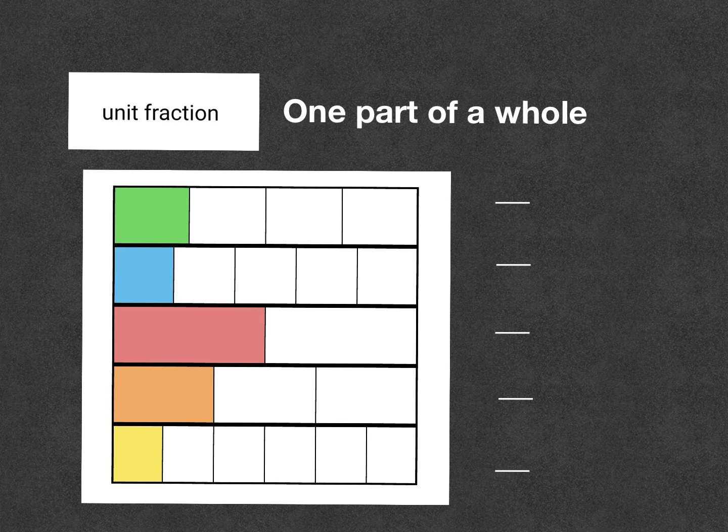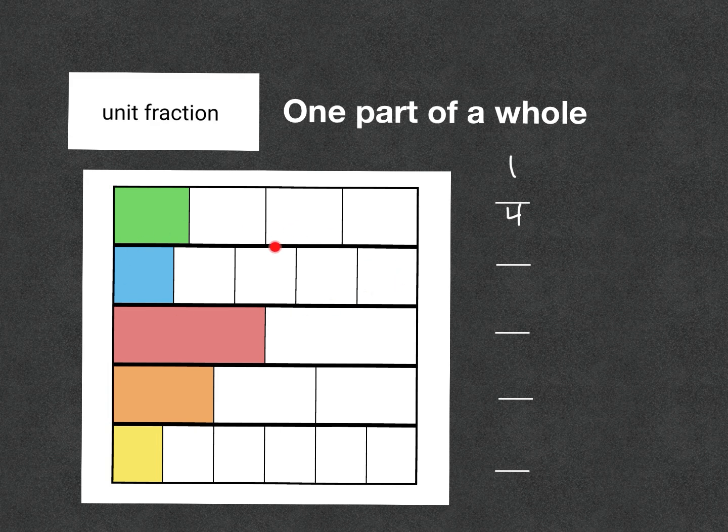Let's take a look at our next math vocabulary word, unit fraction. A unit fraction is one part of a whole. Below you can see 5 bars, all split up into different parts of the same whole. For the first bar, you can see that we have 1 part shaded out of 4 total.